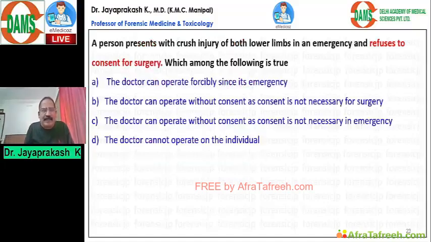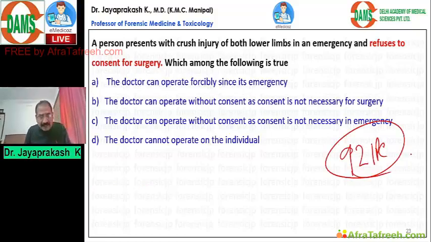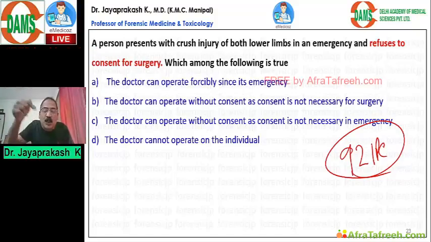A person presents with crush injury of both lower limbs in an emergency and refuses to consent for surgery. I remember most of the students think, you know very well, 92 IPC deals with emergency consent. That means the person is in an emergency but is not in a position to give consent. How? Maybe by unconsciousness.